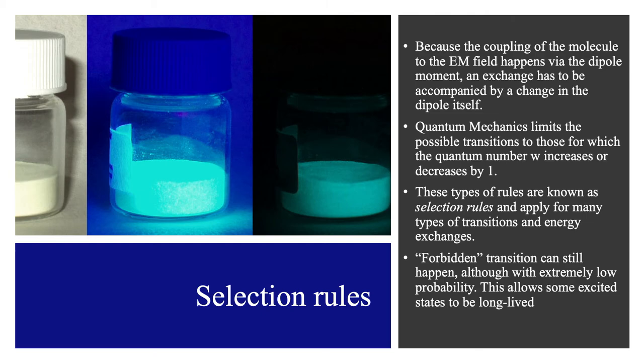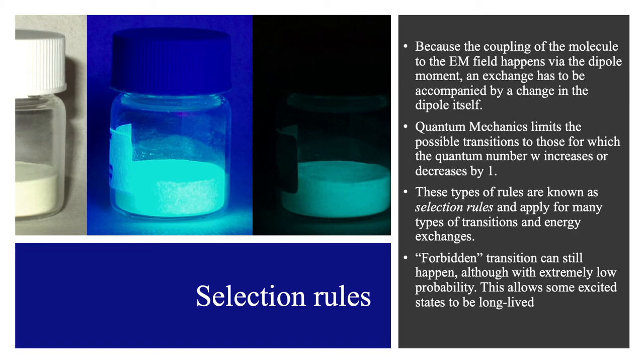One example where you could actually see these kinds of selection rules in action is with fluorescent material. Fluorescent materials are created by bringing the material into a particular configuration, an excited state, and forcing the material in that state.